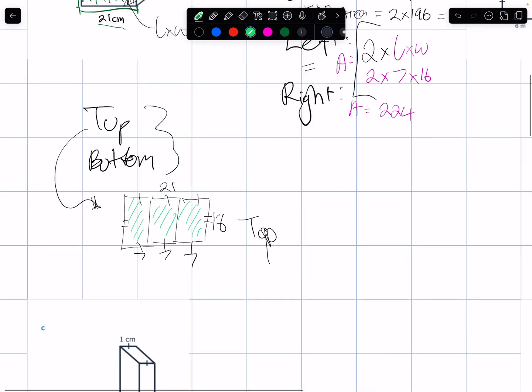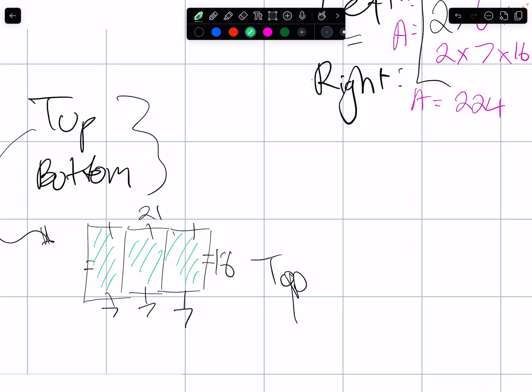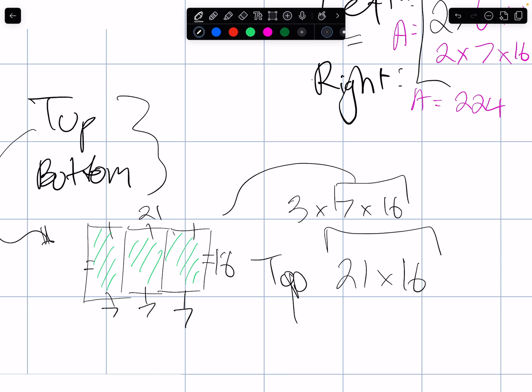Now, the area of the top, therefore, is 21 times 16, which is also made up of 3 lots of 7 by 16. So we have our 7 by 16, which comes from one individual piece there.